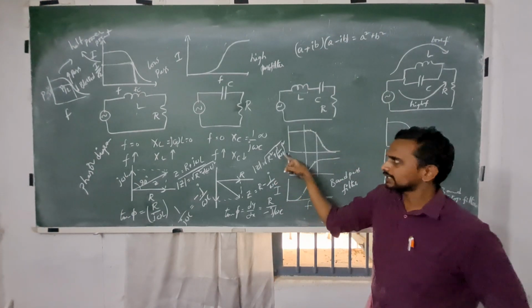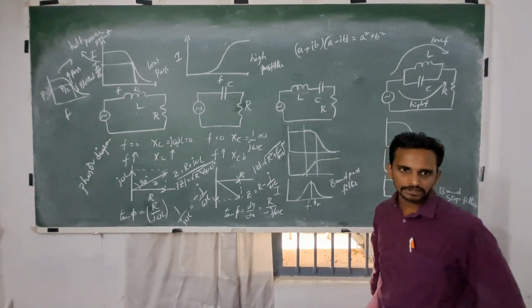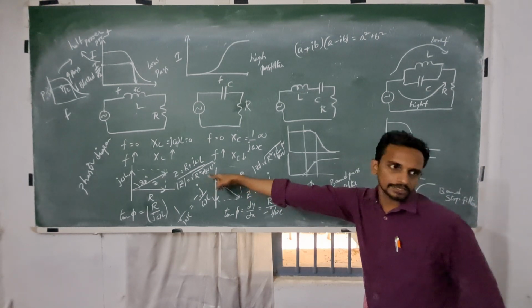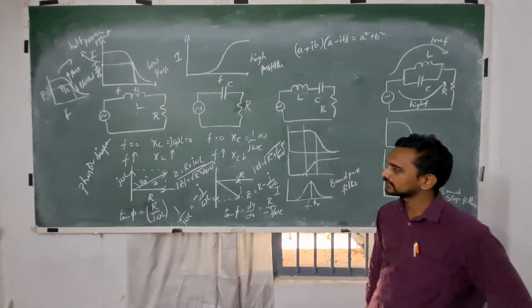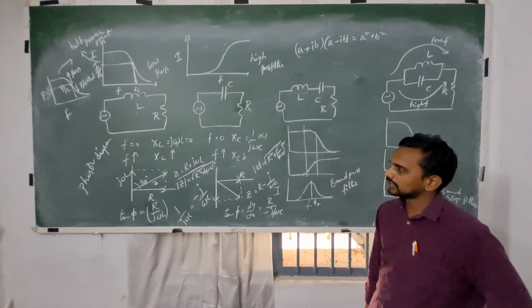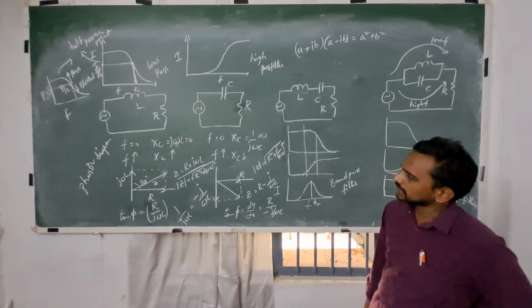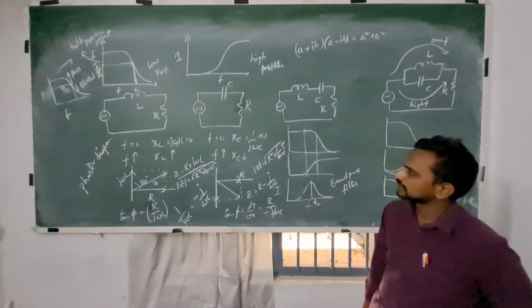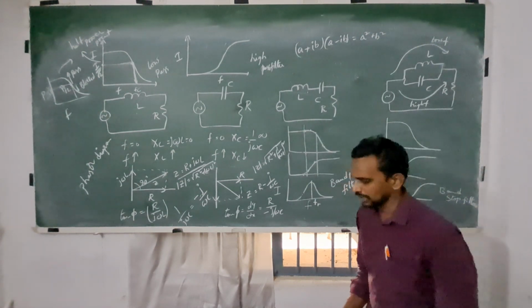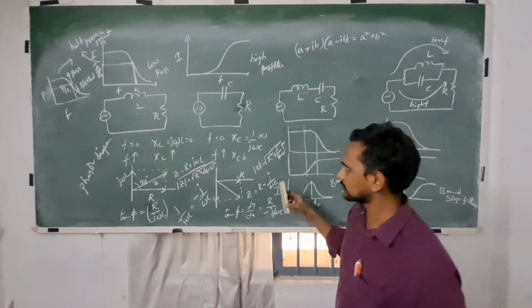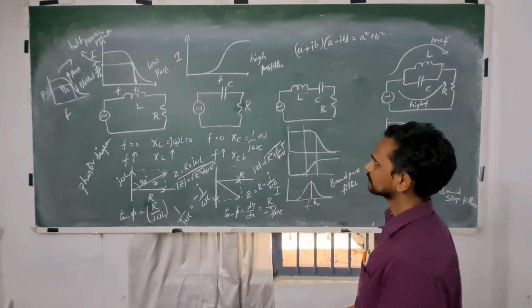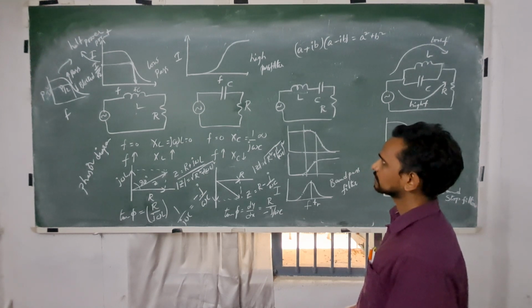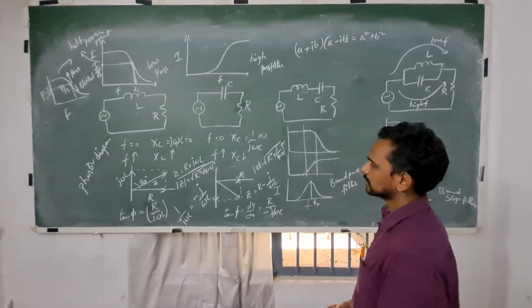So for both you'll get positive values: R square plus 1 by omega C square, and R square plus omega L square. So that is about the CR and LR circuits.